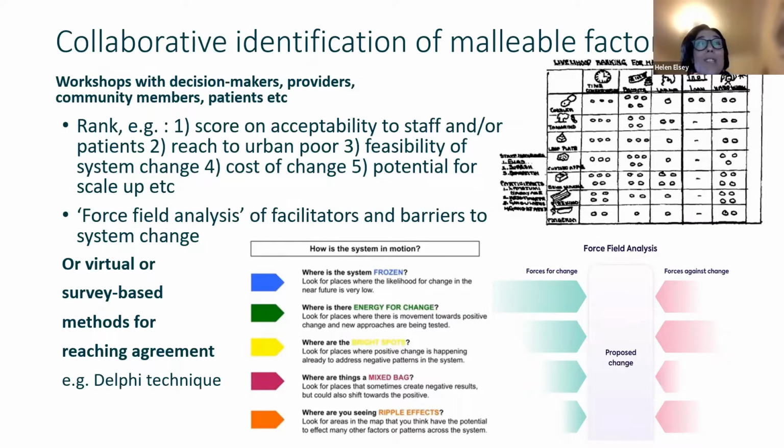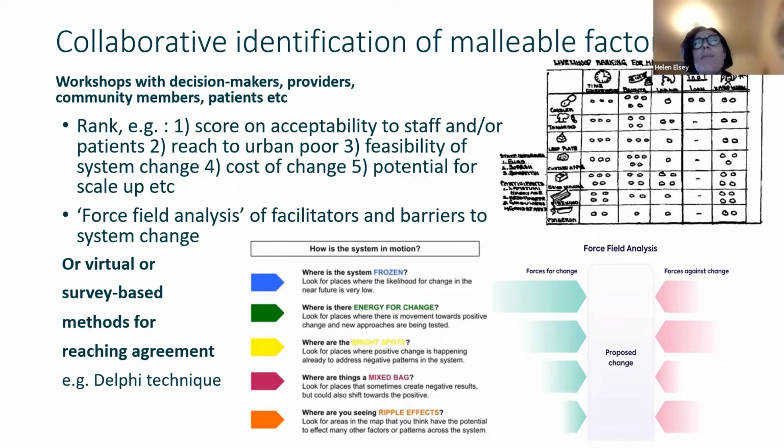You may want your stakeholders to use something like force field analysis, thinking of facilitators and barriers. Or there's a very useful paper, which I'll share the link to in a minute, from the Resilient Asian Cities project, where they've gone through a whole process with different urban stakeholders to understand the system.